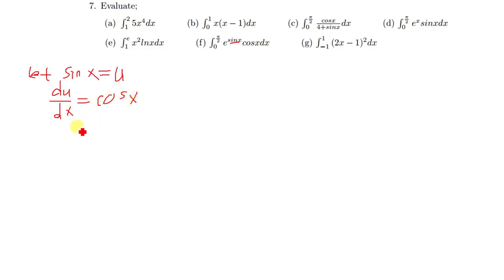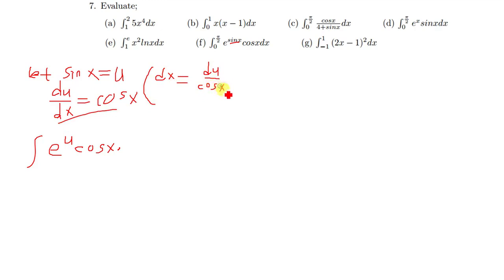And then if I'm to write this in terms of u, I'm going to have the integral of e to the power u, and then cos x. And then while there's dx, I'll make dx the subject in this expression. So I'm going to have my dx being equal to du over cos x.